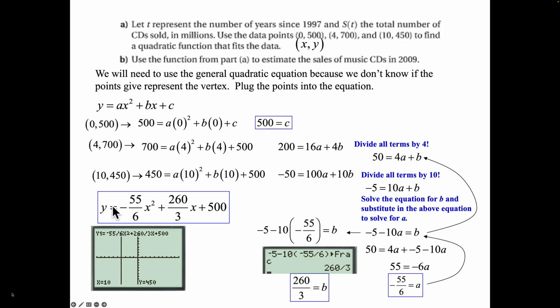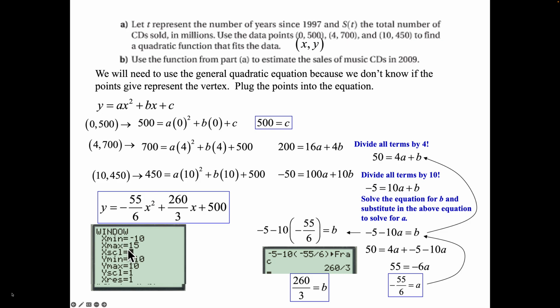Now, using this equation, we're going to go answer the question. Since I plugged this into the calculator, I can go solve for this. Now, 2009 is how many years after 1997? So if I subtract that, it looks like we're going to be at 12 years.